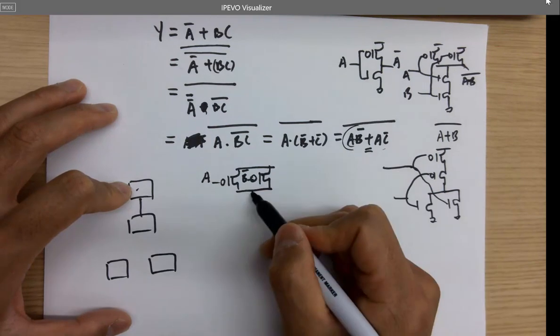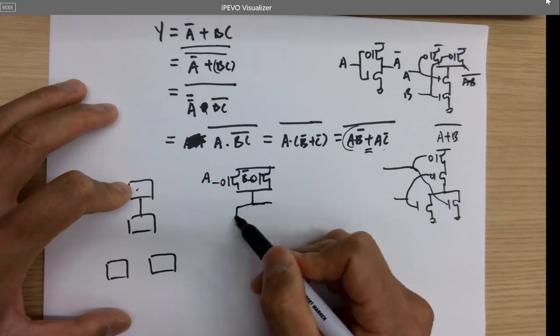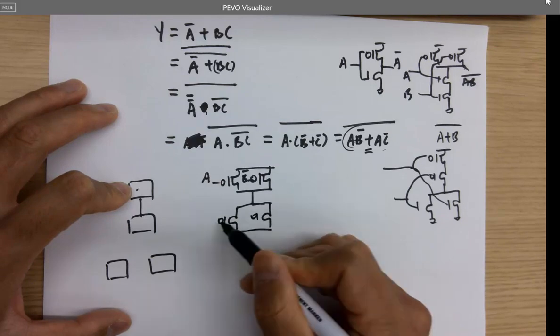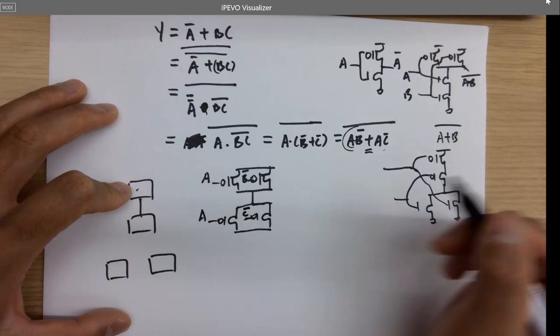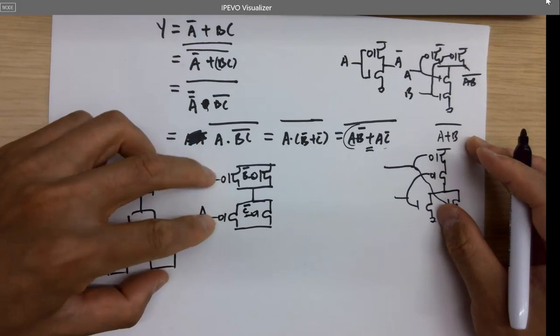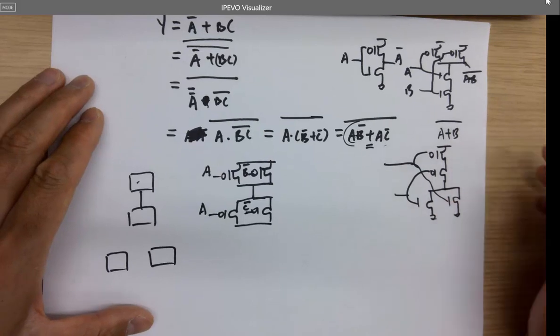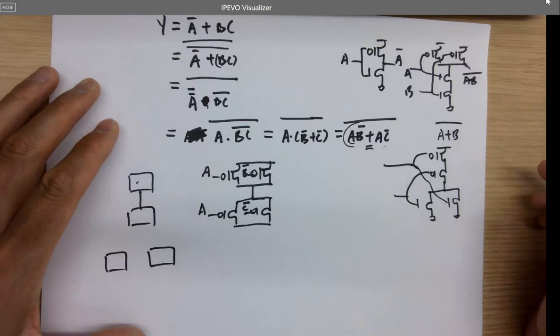Okay, and then in series with another two parallel PMOSes, and one signal is A, one signal is C not. These are both A's, they are actually shorted, but let's just leave it there for now. Okay, so we are done with the PMOSes.